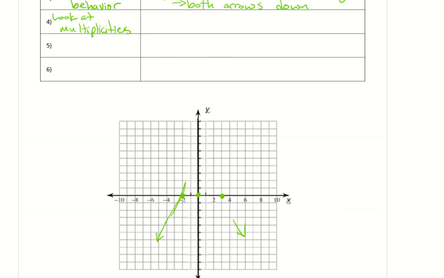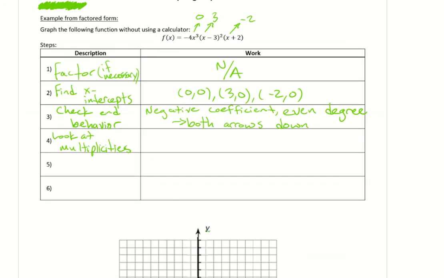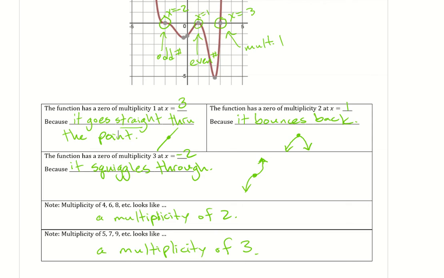Something to note about graphing this way, we don't know how high these things go. It could go up here, it could go here. This is something we're just eyeballing when we're doing these kinds of sketches. As long as it goes like that, obviously it's going to come back to this point and either bounce back or go through in some way, so we'll head it downwards. The next point is at (0, 0). It's a multiplicity of 3. If we look back here, a multiplicity of 3 squiggles through.